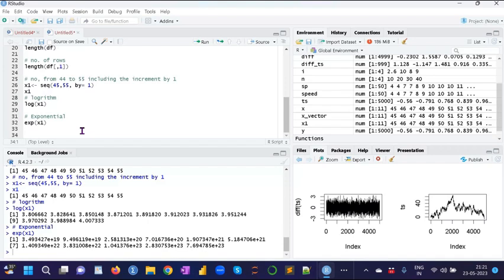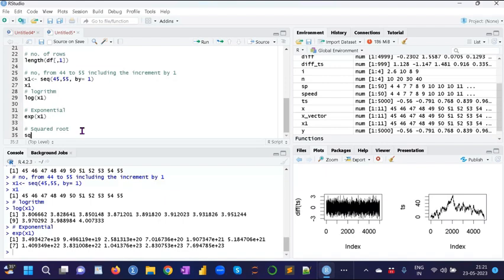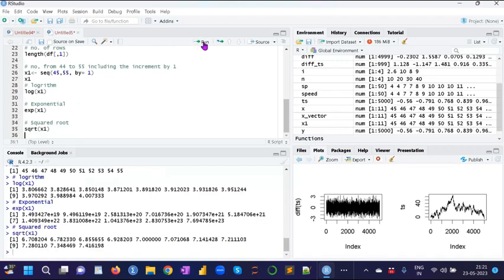Next, I want to see the square root. sqrt, square root of x1. These are the arithmetic functions which I am using.